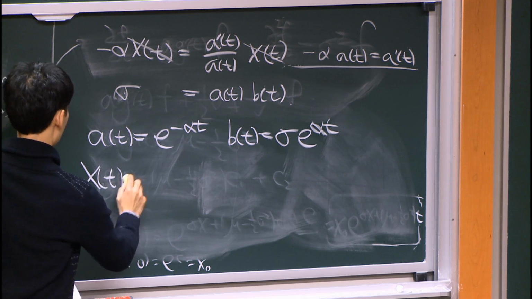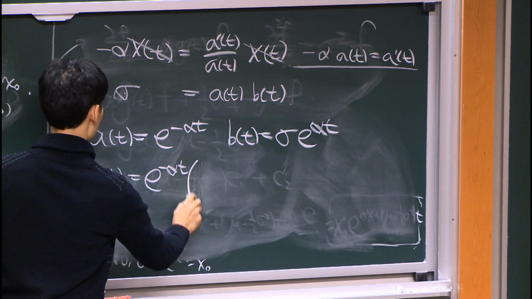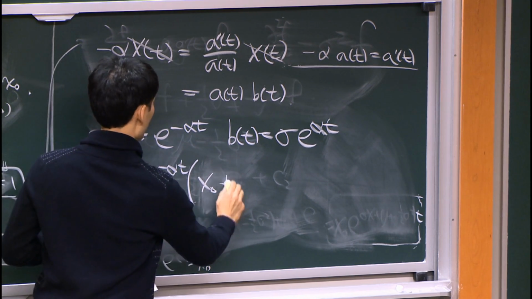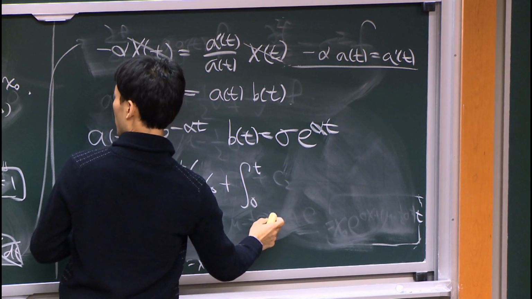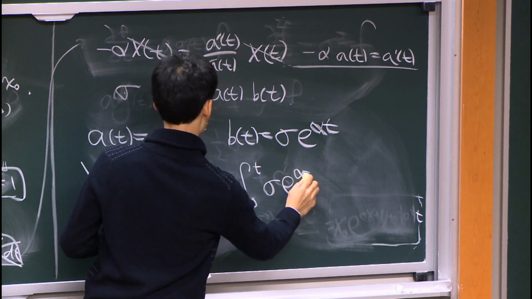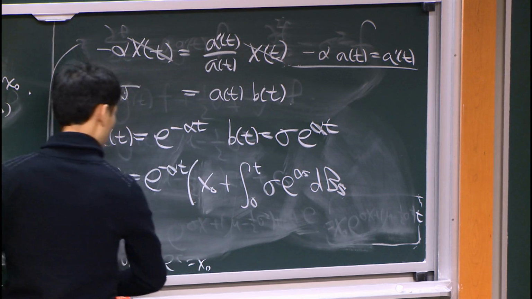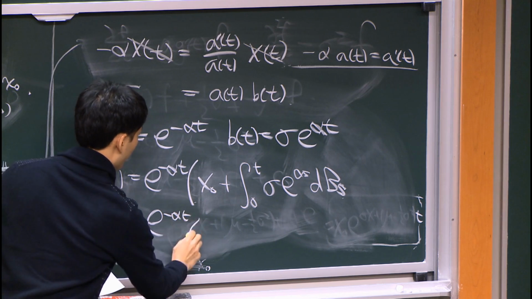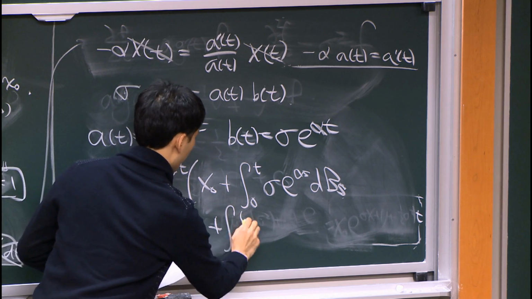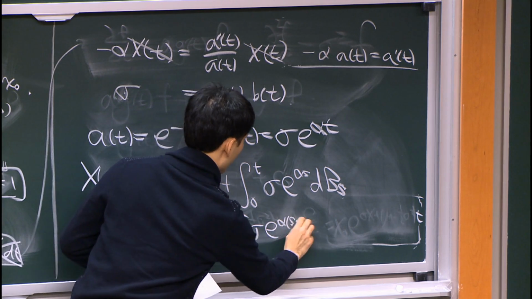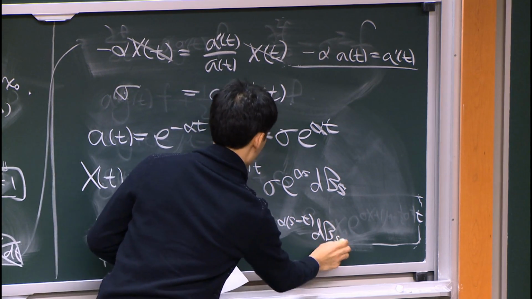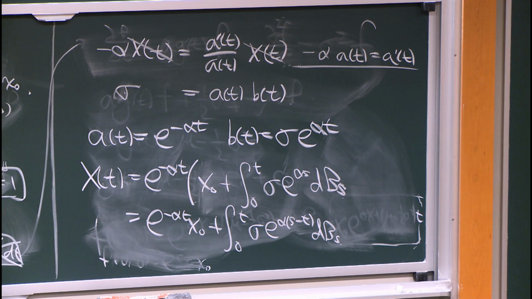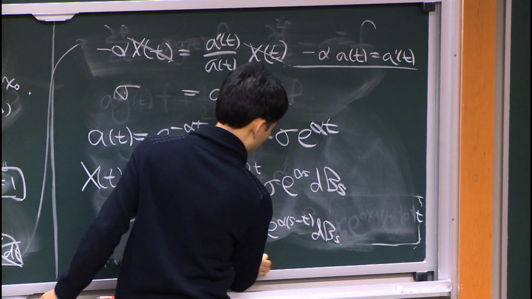X of t is e to the minus alpha t of x of 0 plus the integral from 0 to t of sigma e to the alpha s, dbs. So this is a variance.